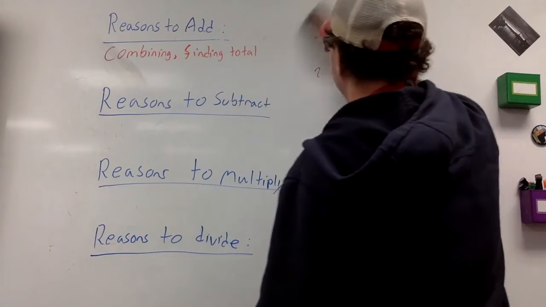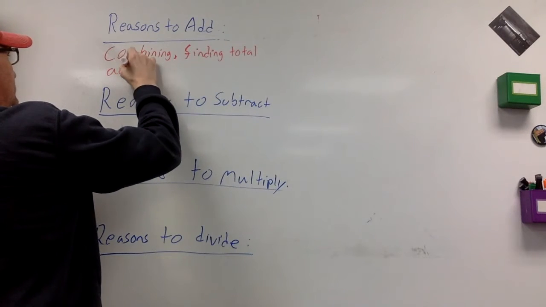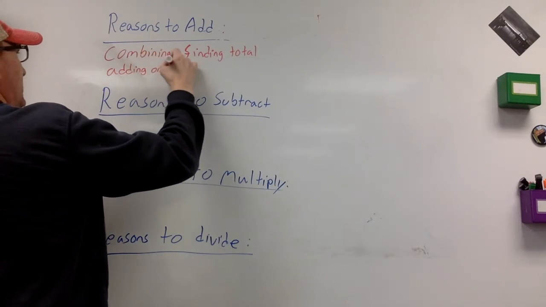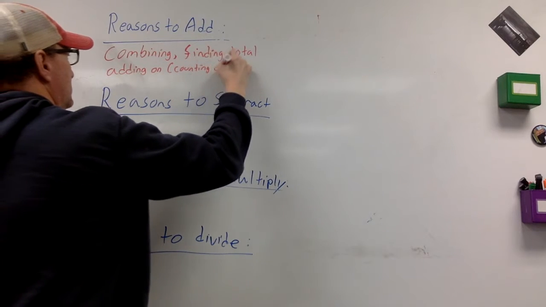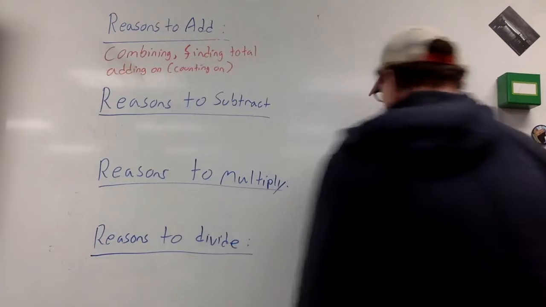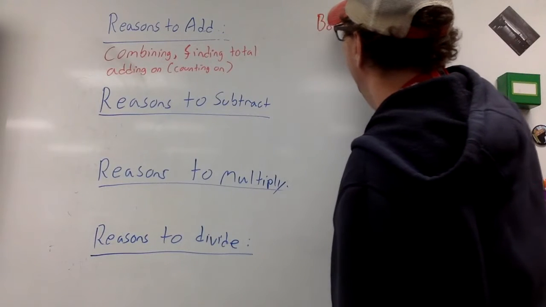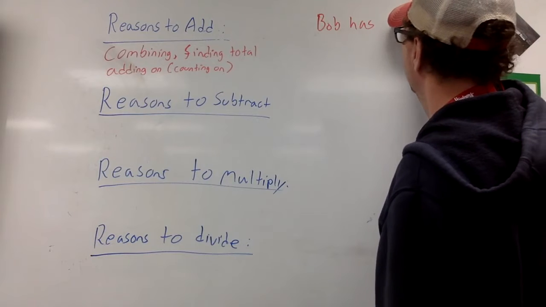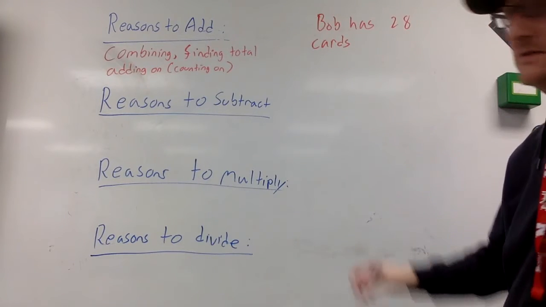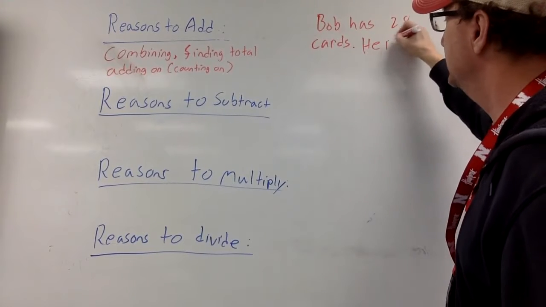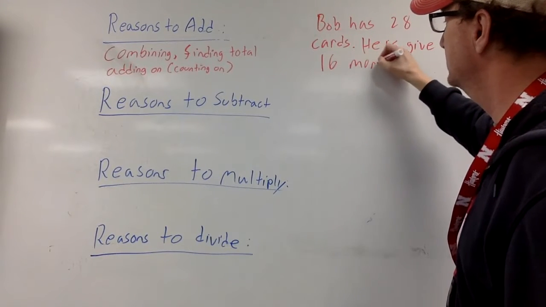And then also, this is going to sound kind of dumb, but if I just say adding on, or you might call it counting on. What do I mean by that? I mean, let's say you have an amount. Let's say Bob has 28 cards, like, I don't know, Pokemon cards. He is given 16 more cards.